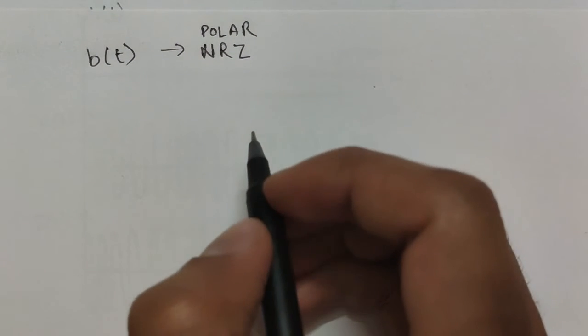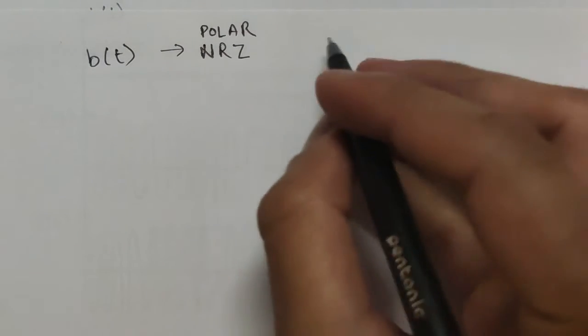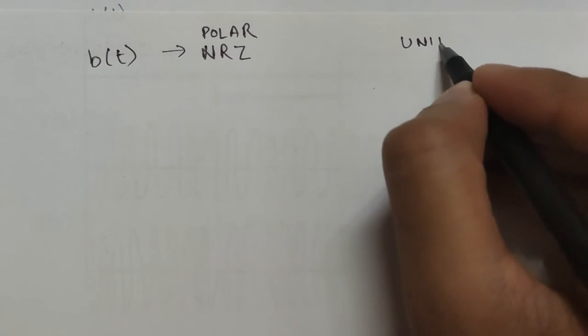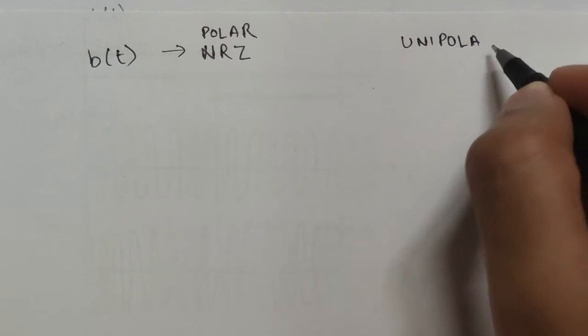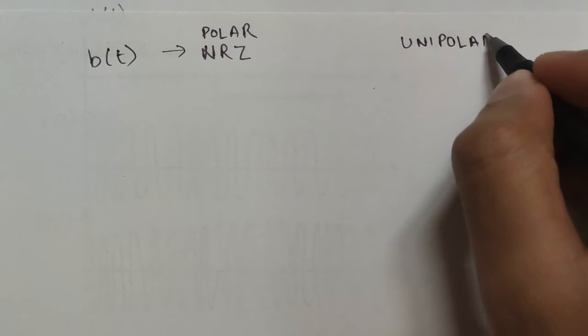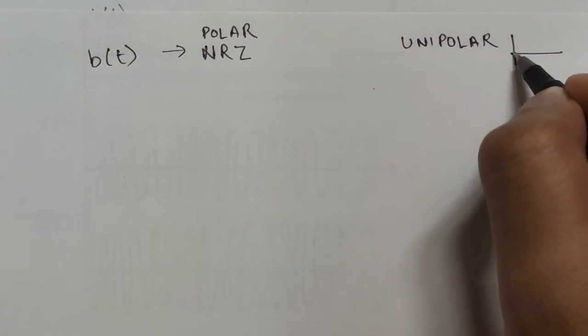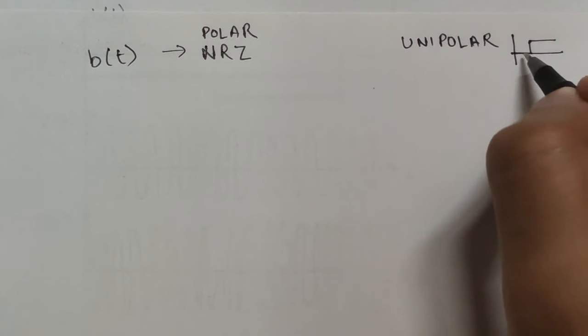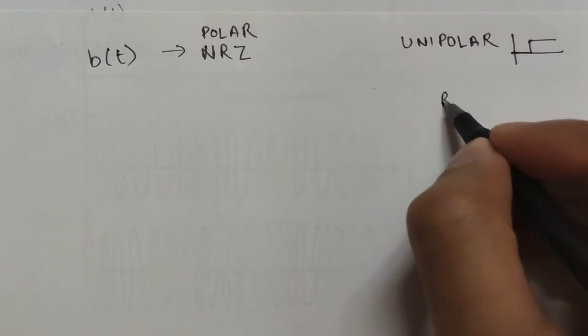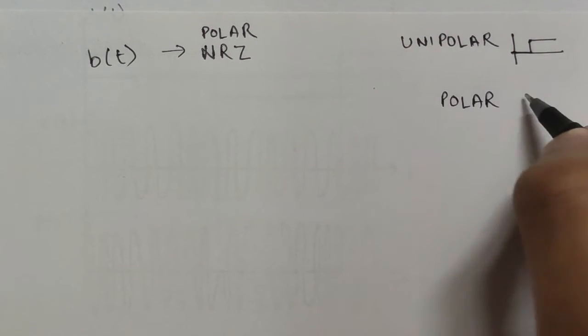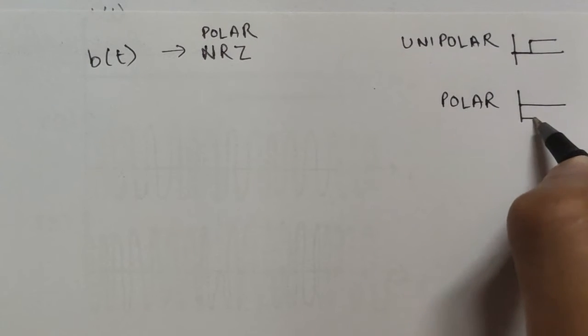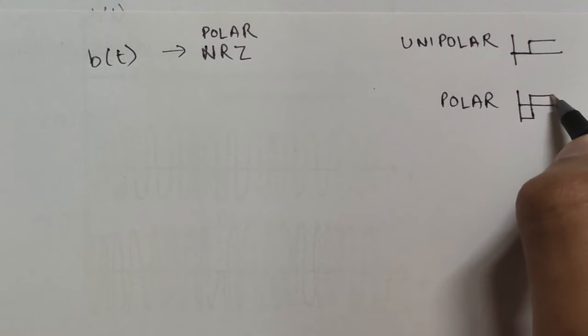That means we have two polarities. In unipolar, we used to have only one pole, like this, but in polar form we have both negative as well as positive.